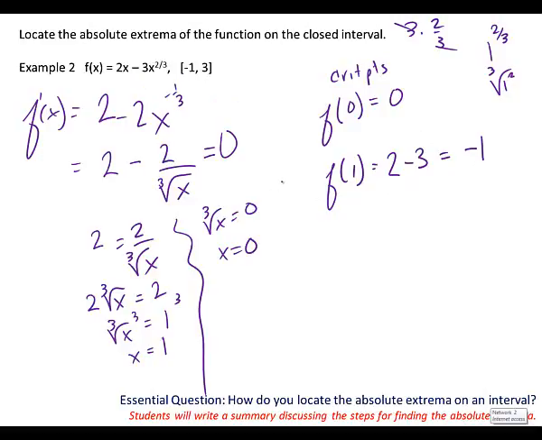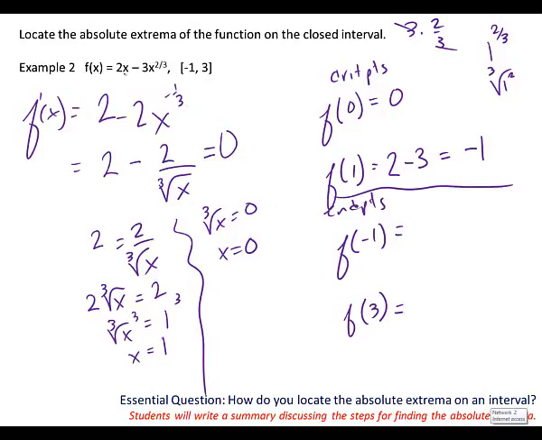I put the critical points in, but there's something else we have to put in. What else do we have to put in? The endpoints. Okay, so I'm going to also plug in f of -1 and f of 3. This is going to be uglier. All right, so what is 2 times -1? -2. And then -1 to the 2/3 power.